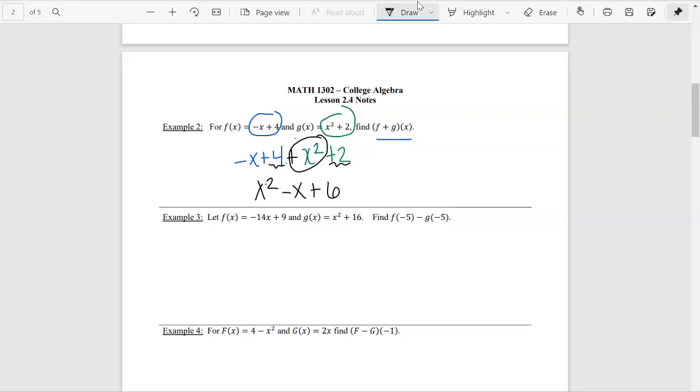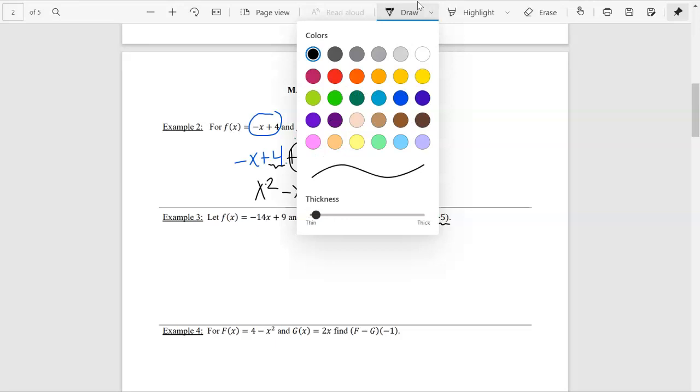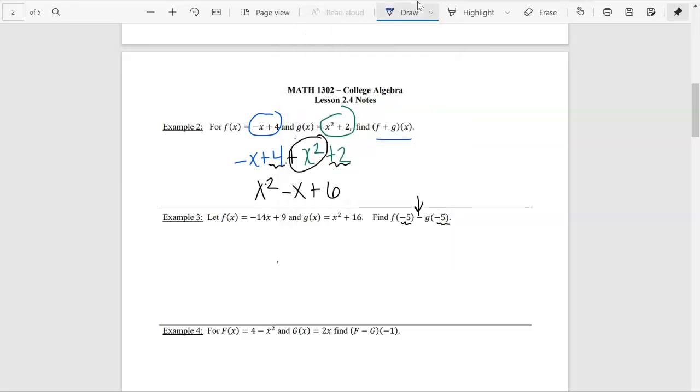Okay, this time they're telling me to subtract and to, in the end, plug in a negative 5 for x. Okay, so when I work this problem, let's keep this the same. So we've got blue is our f of x, green is our g of x.